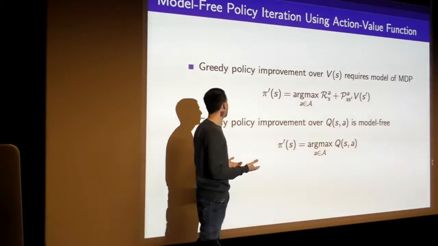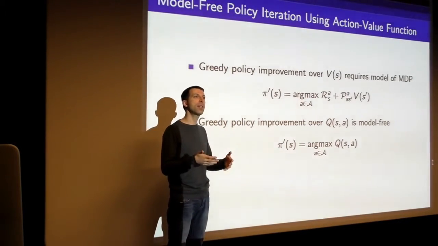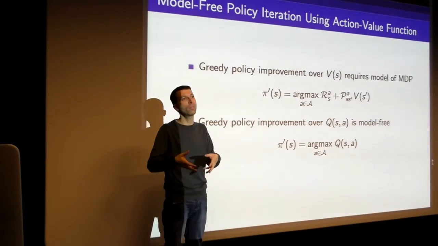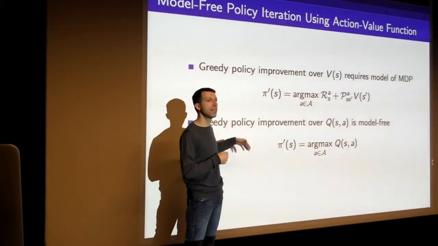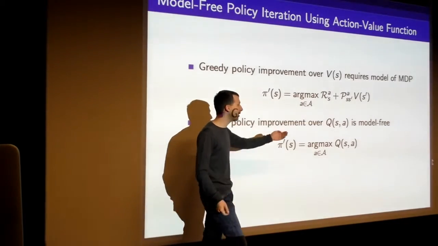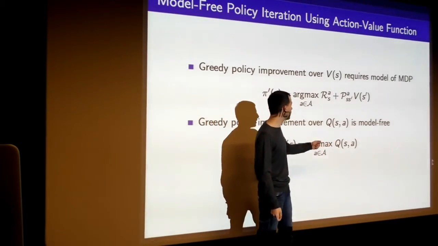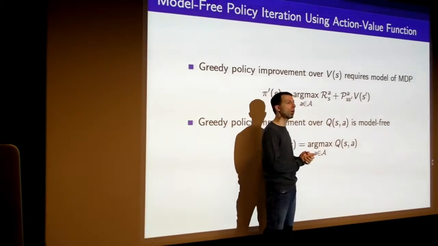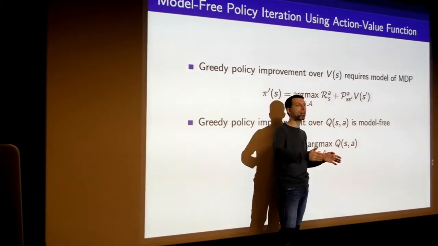So the alternative is to use Q, the action value functions. Action value functions enable us to do control in a model-free setting, and the reason is that we can do policy improvement in an entirely model-free way. If we have Q and we want to do greedy policy improvement, all we need to do is maximize over our Q values. The Q values tell us from each state how good it is to take each different action.